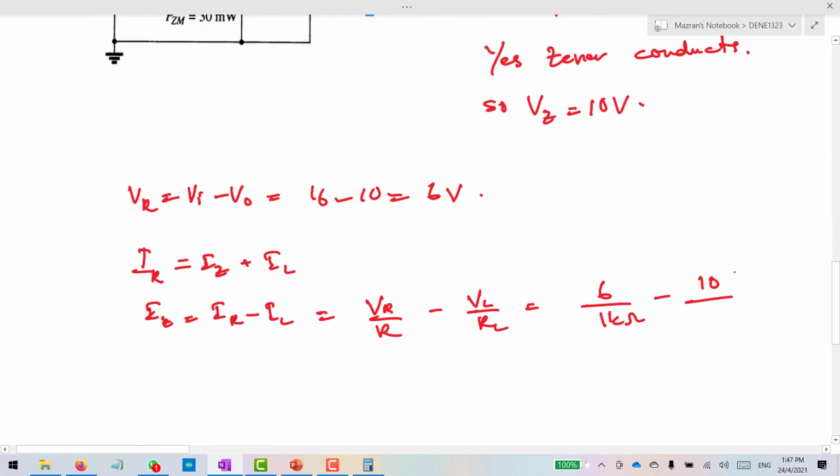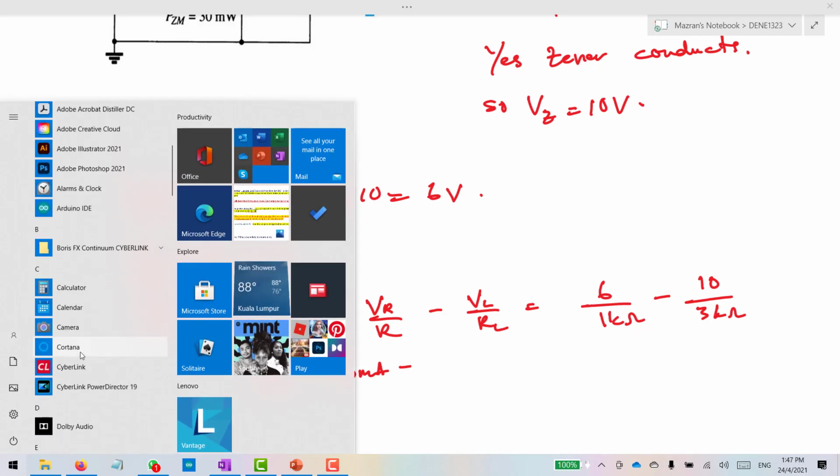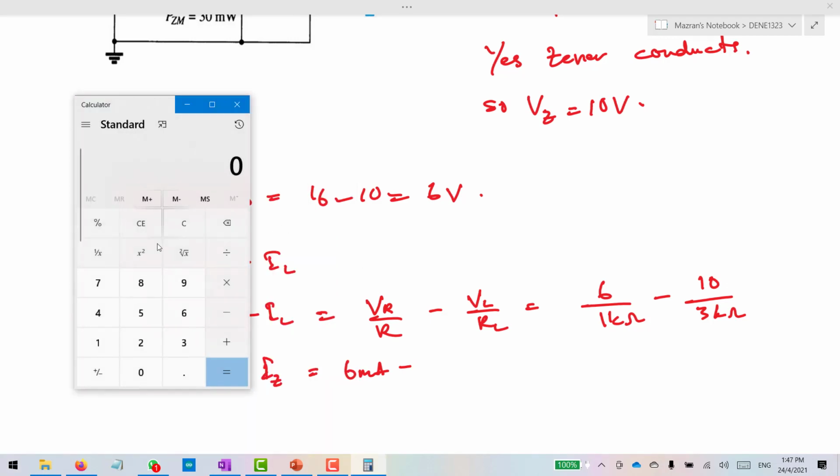Divided by RL is 3K. So if you calculate, you get some values. So basically, IZ equals to 6 milliamps, not plus, it's minus 10 divided by 3K. What's 10 divided by 3K? 3.3 milliamps.